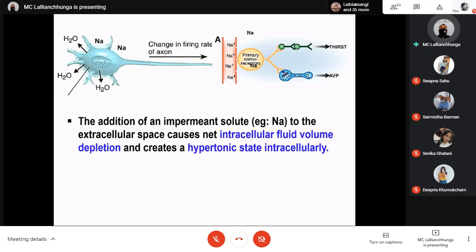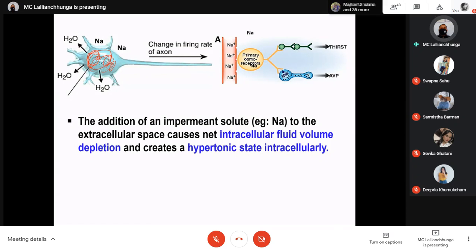The addition of an impermeant solute, that is the sodium I've already given you, to the extracellular space causes net intracellular fluid volume depletion and creates a hypertonic state intracellularly. Because of the osmosis of water, there is again loss of water, but inside the osmoreceptor there may be an increase in solute, not because there is addition of solute to the inside, but because of loss of water.